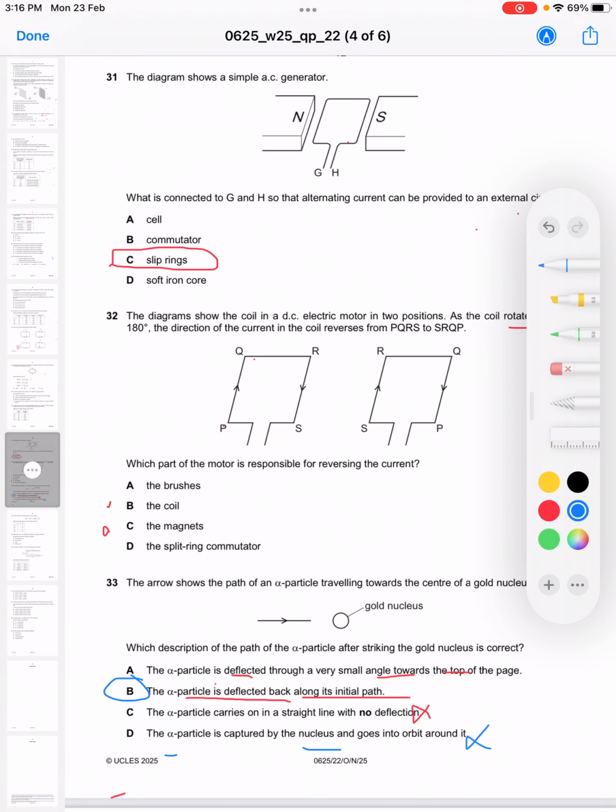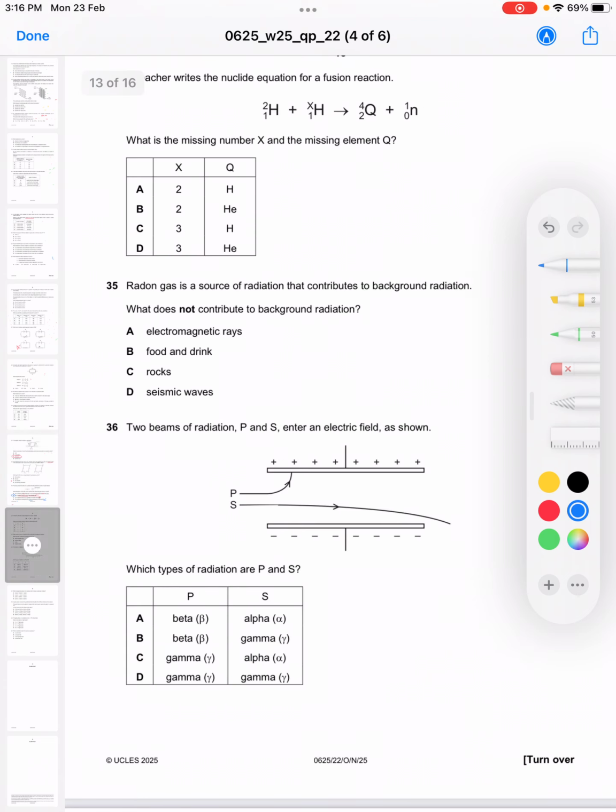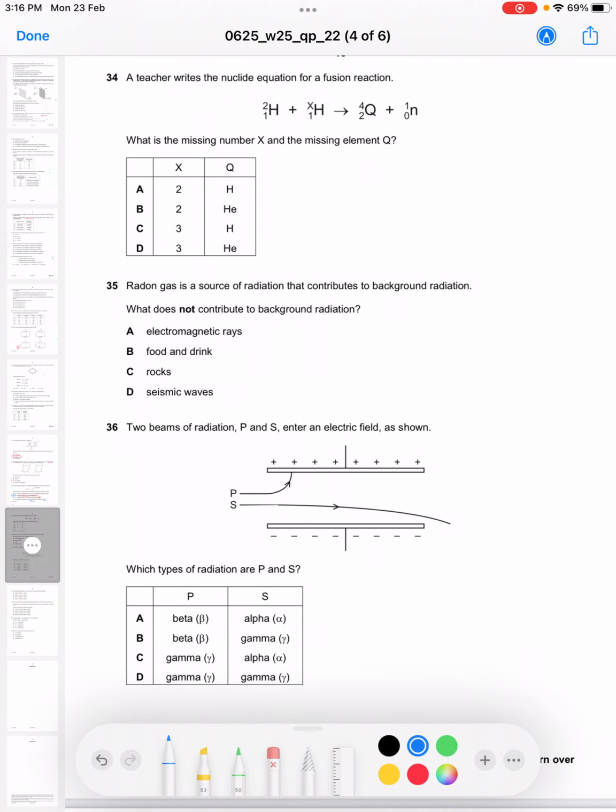Come to question number 34. A teacher writes the nuclide equation of a nuclear fusion reaction, not fission, sorry, fusion reaction. What is the missing X and the missing Q? If we talk about the mass number, the mass on the right side equals the mass on the left side of the equation.